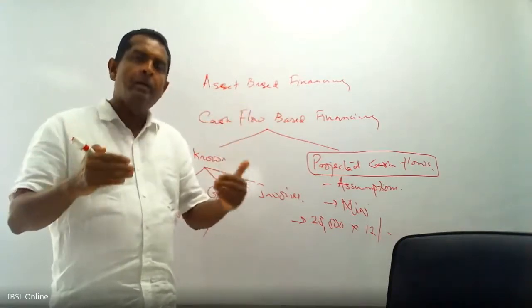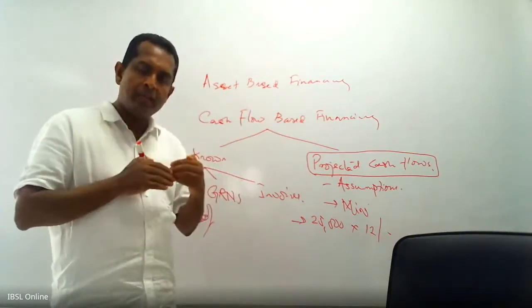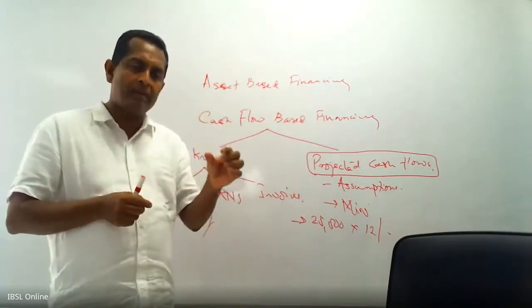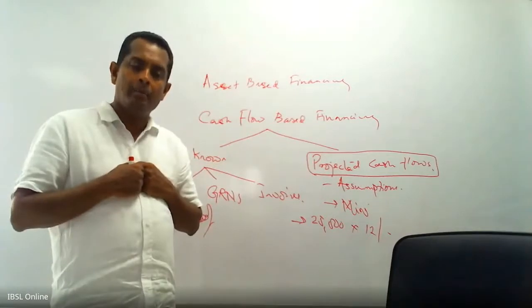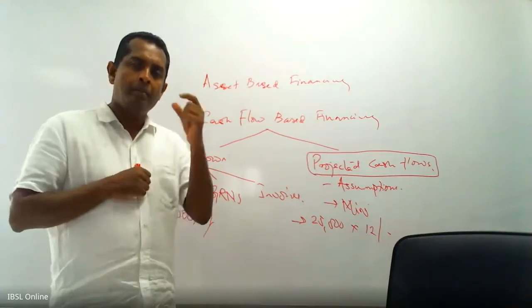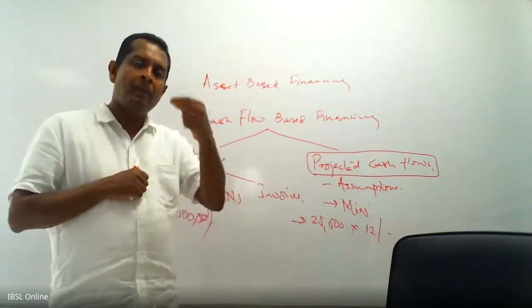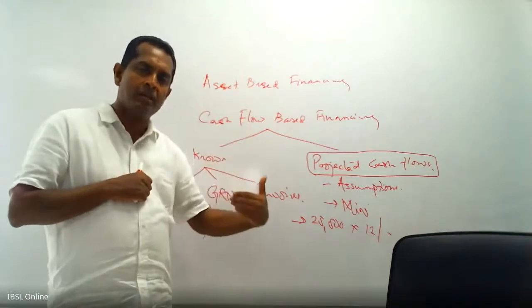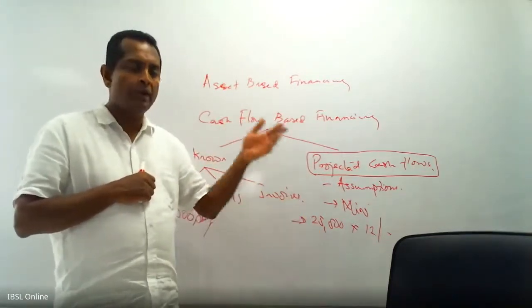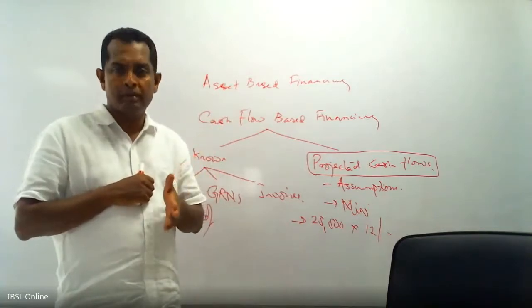If everyone starts working and we know to produce one shirt, what is the machine time required? Right? Based on that, we say we can produce this many shirts. Each shirt can be sold at this price. So I will generate this much income.